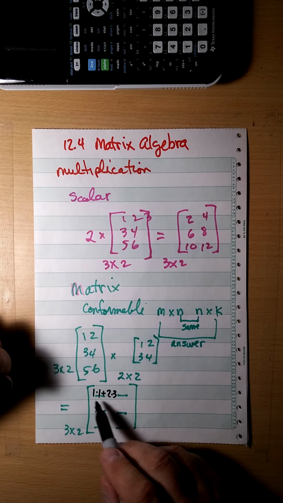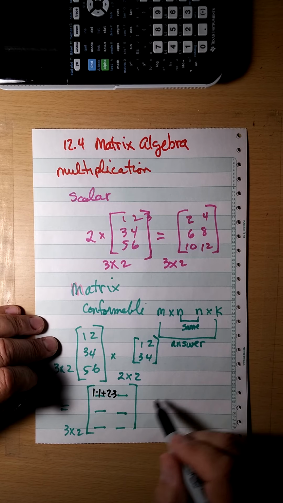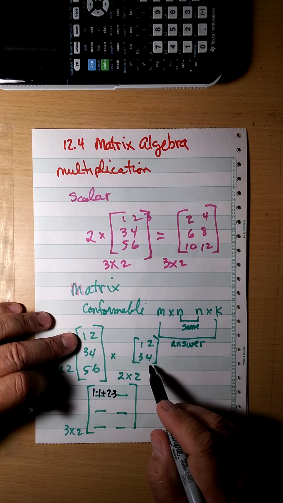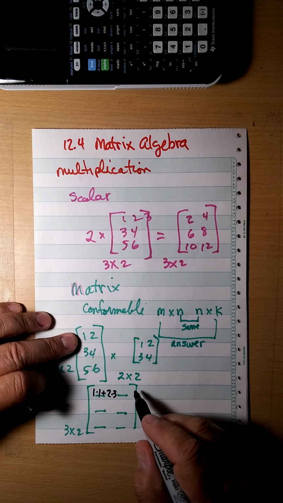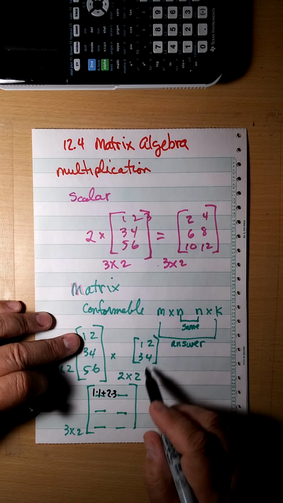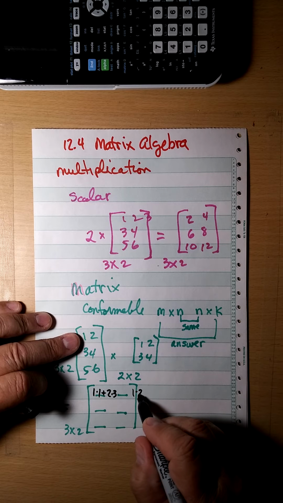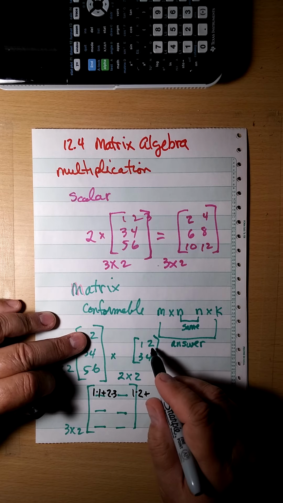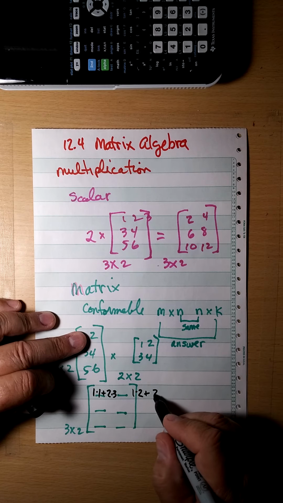To get the first row, second column, we need to use the first row and the second column. So it's 1 times 2 plus 2 times 4. Not this 2, that 2 times this 4.